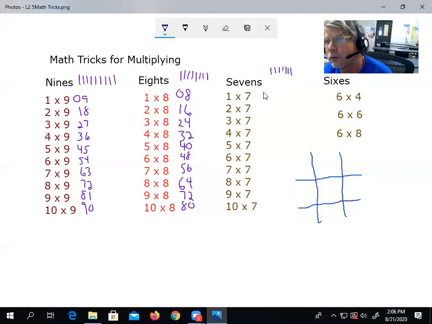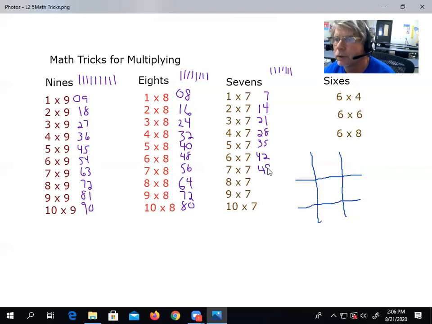So 1 7 would be 7. 2 7s would be 14. 3 7s would be 21. 4 7s would be 28. 5 times 7 would be 35. 6 times 7 is 42. 7 times 7 is 49. 8 times 7 is 56. 9 times 7 is 63. And 10 times 7 would be 70.